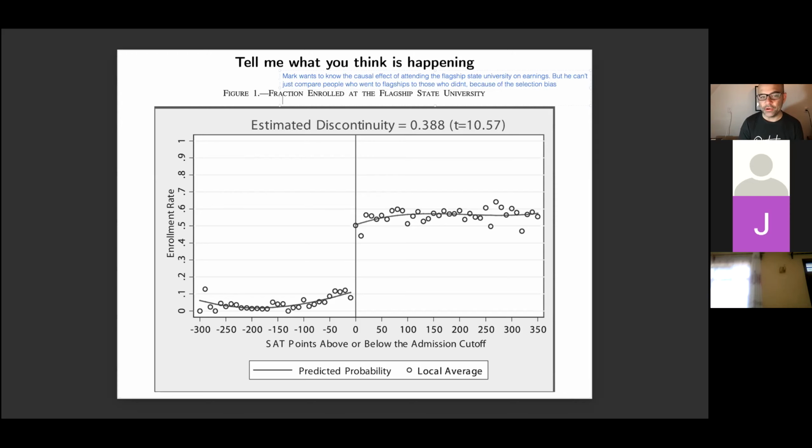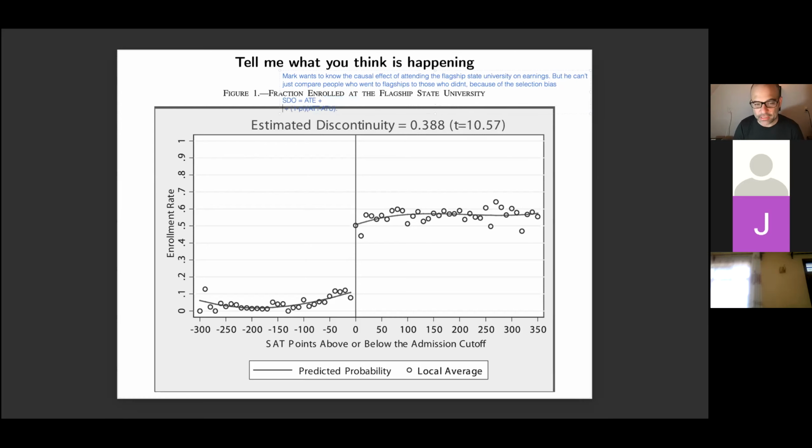Remember with the SDO, ATT, selection bias. So he can't just compare groups of students that go to flagships to those that don't, if there are differences in potential earnings for the two groups of students had they not gone.